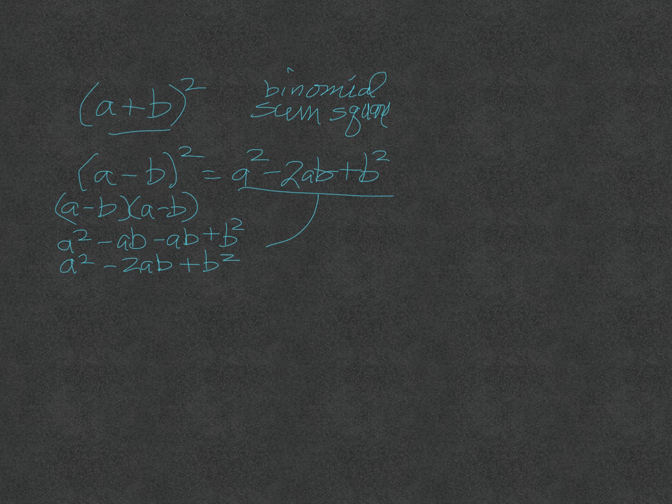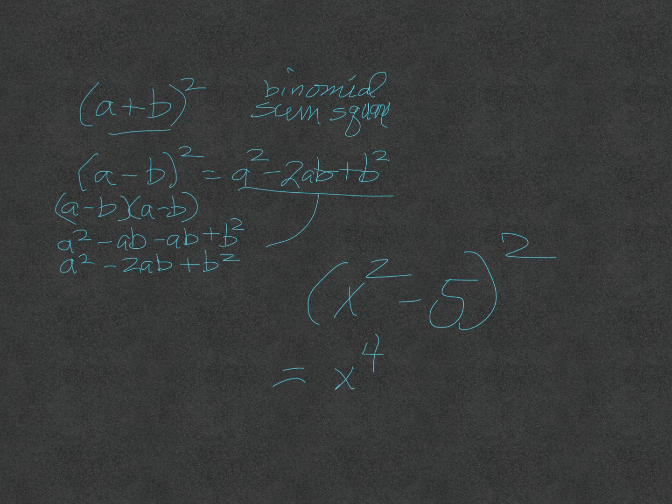So an example would be like this. We could have x squared minus 5 squared. And I go, oh, that's an a minus b. And so my solution is going to be a squared, x squared times x squared, which is x to the 4th.